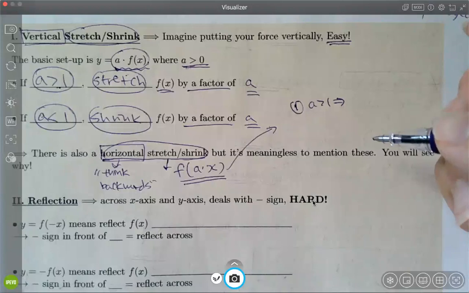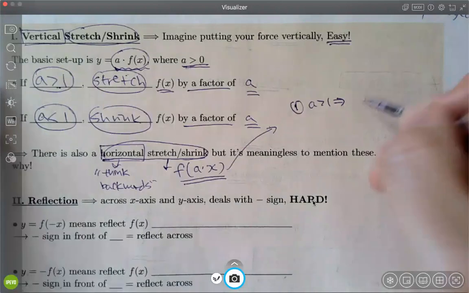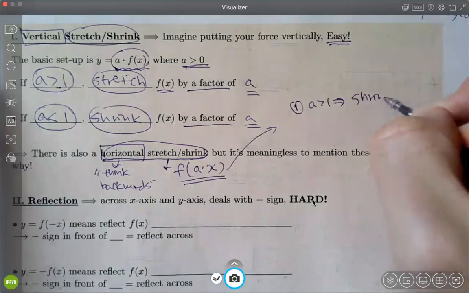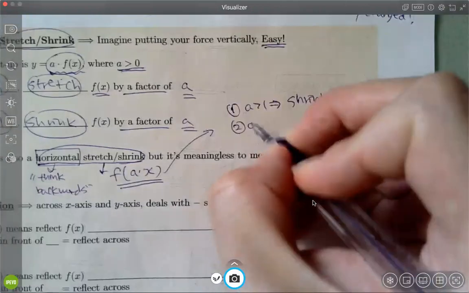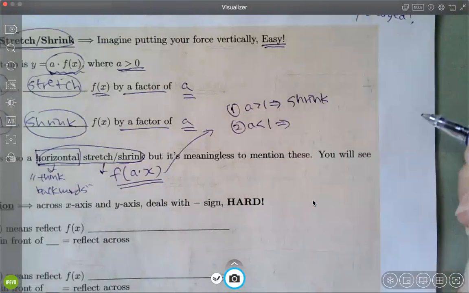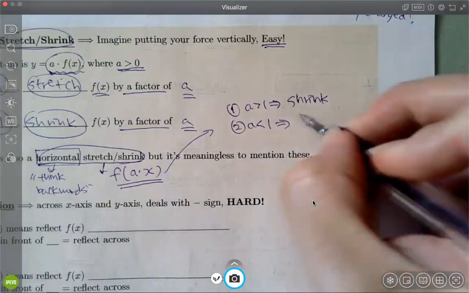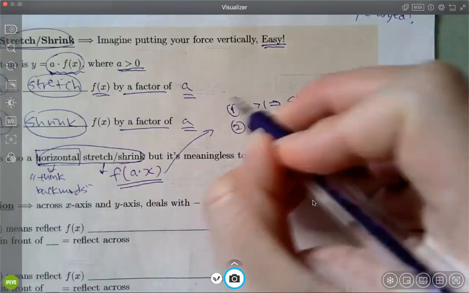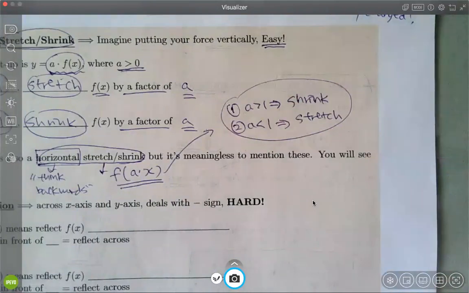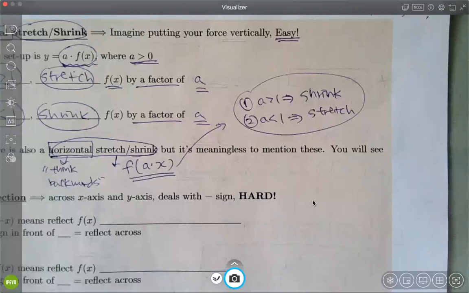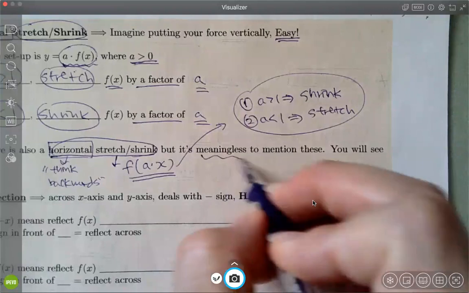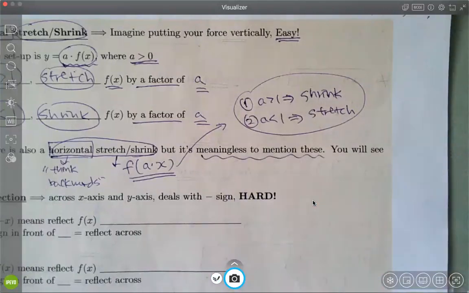Shrink, yes. So you have to think backwards for the horizontal. And for the number being less than 1, it seems like we have to shrink, but no, you have to think backwards. So this one is a stretch. That is the setup of the horizontal stretch and shrink, which you might have to use on some problems in your homework, but you don't have to know this. I will tell you why once we do the problems.